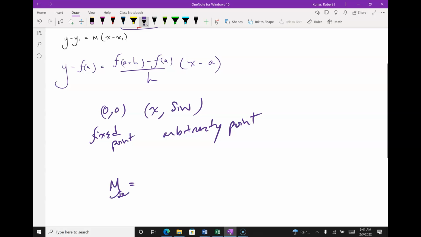So slope m sub sec again: sine x minus 0 over x minus 0. Look at it. I didn't tell you, but that sine x over x is my secant slope. And as long as I'm talking about this fixed point 0, 0, the one I created on Desmos, I used 2 arbitrary points, and that's what I want you to do.